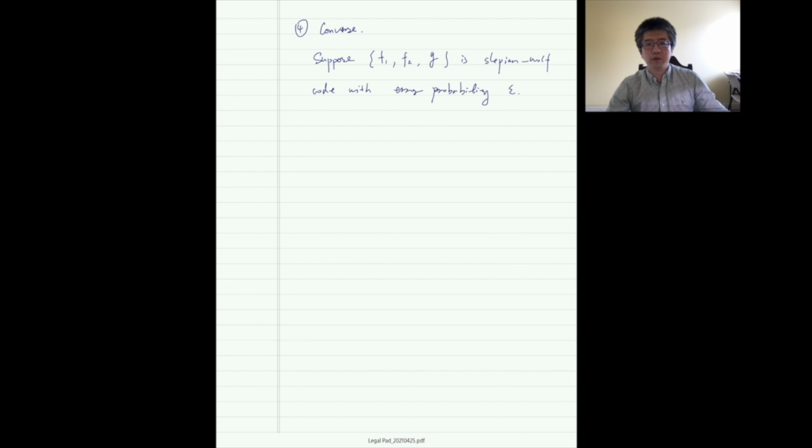Clearly we're going to use Fano's inequality for this. So we need the error to be small.